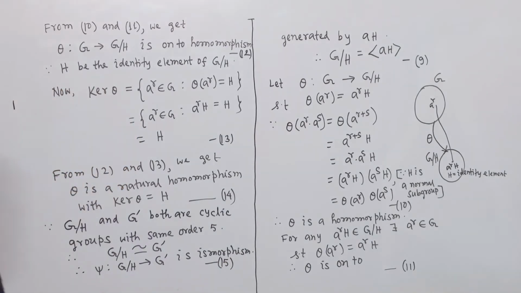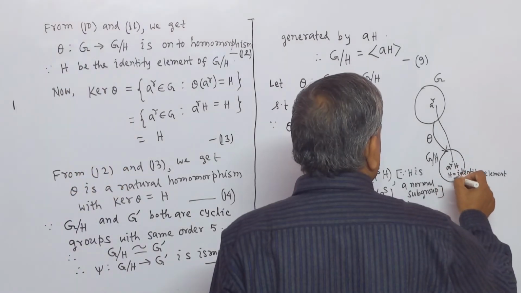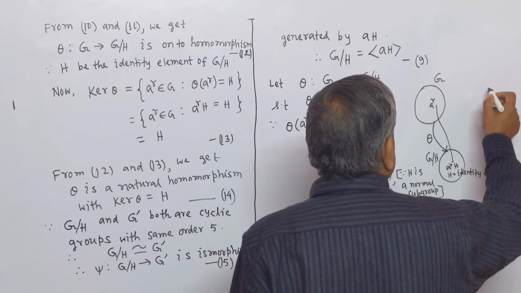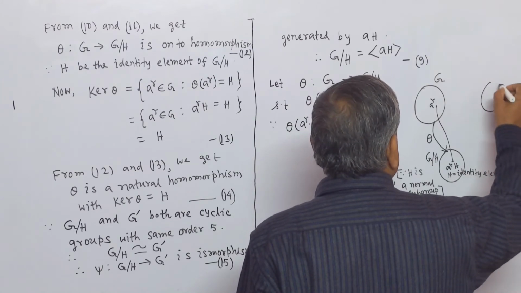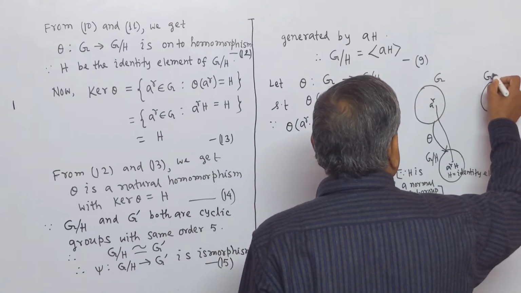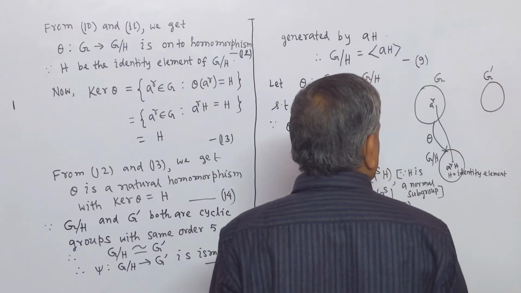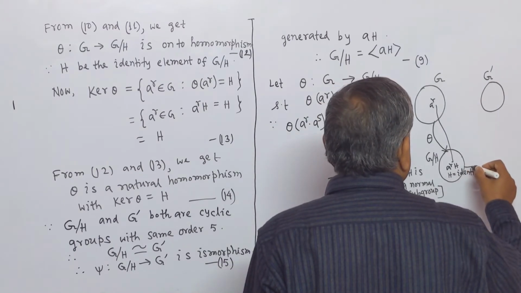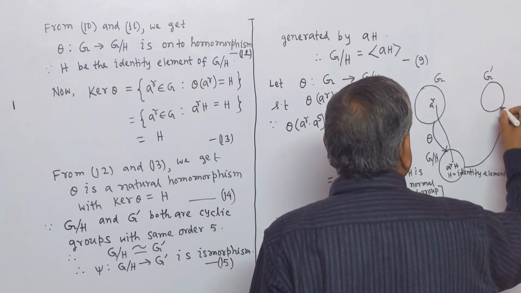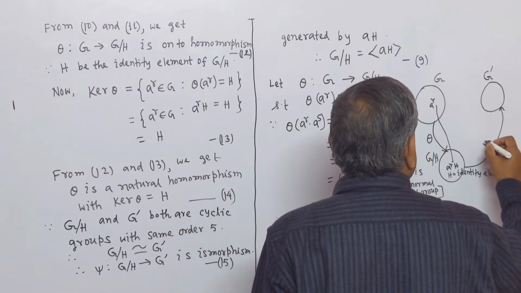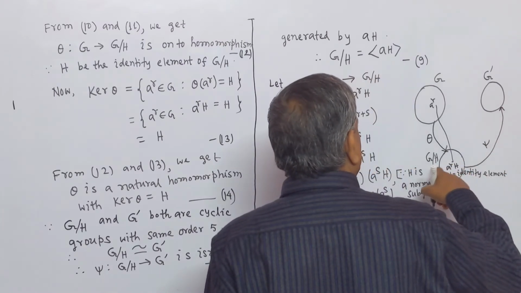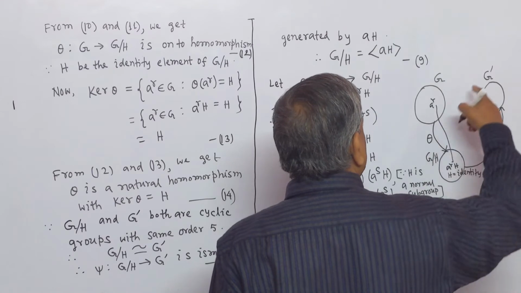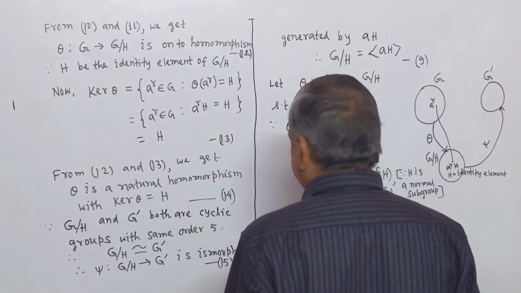This is G by H quotient group and this is G prime, and psi be isomorphic mapping defined on quotient group G by H into G prime.